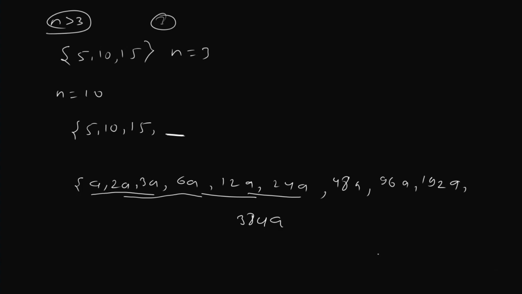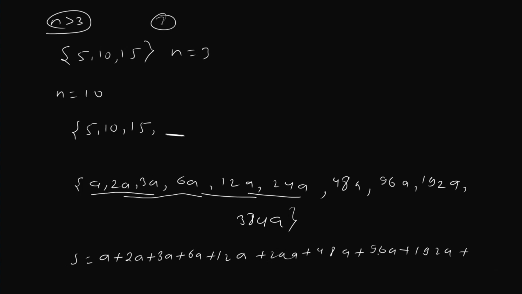a 4 4 8 9 10. And like when we have this is the sum, plus 192a plus 384a.